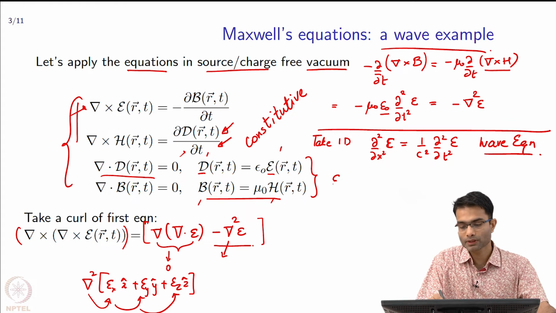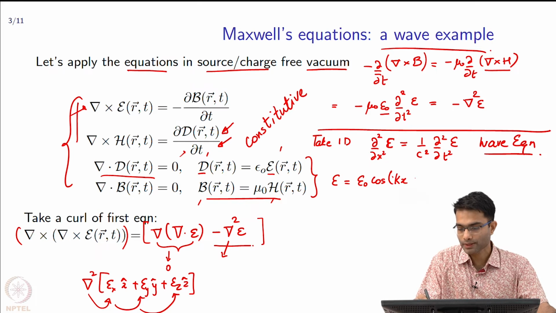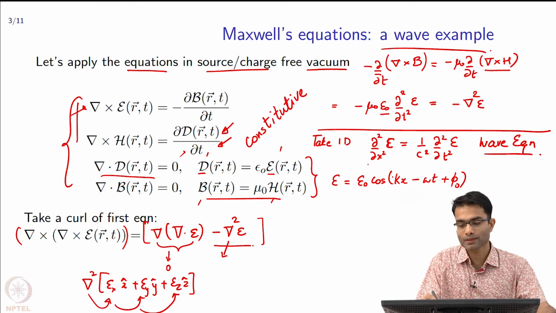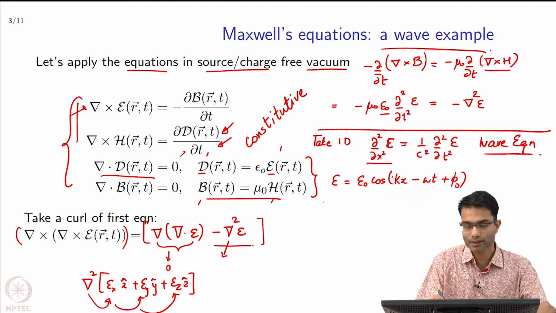So for example, if I take something like cos of kx minus omega t plus, let us say, phi naught, when I take two derivatives in x, what will I get? I will get back cos, and some constants will come. So I will get a k squared on the left hand side.